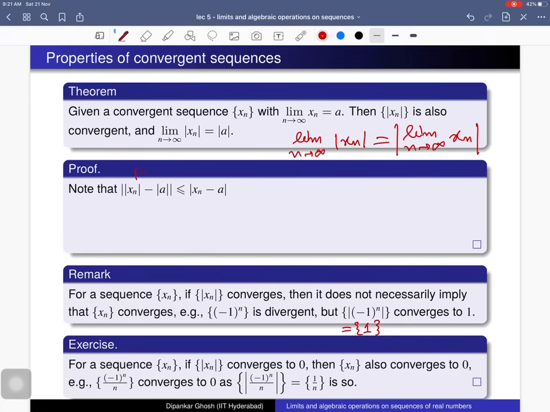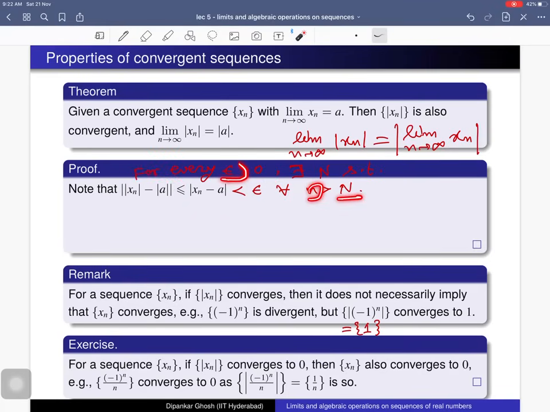So for every positive real number epsilon, there exists n, a natural number, such that this thing is less than epsilon for all n greater than n, and therefore this absolute value is also less than epsilon for all n greater than n.